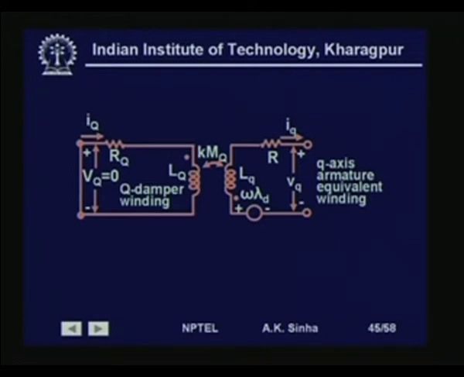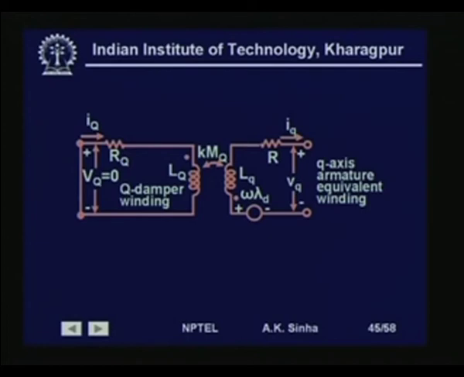Therefore, in this case we have a subtransient reactance when the damper winding and the quadrature axis winding are present. When the damper current dies out, we have only the Q axis current flowing. So, we have a subtransient and a steady state or quadrature axis reactance, the synchronous reactance of the machine.